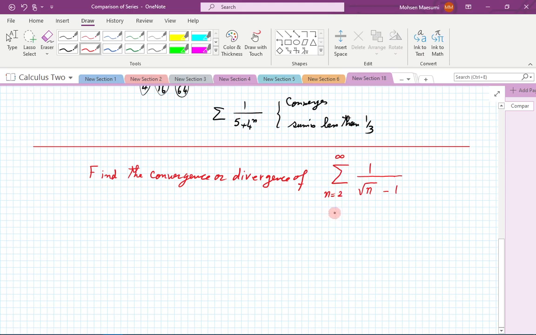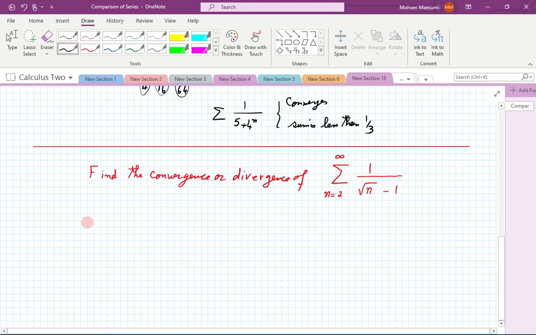Before we go any further, you might be asking why are we starting from 2? Well, because if you put n equal to 1, you're dividing by 0, and that doesn't make sense. So we might always start a series at some arbitrary location, and that does not influence the convergence or divergence. We can always set aside the first few terms for whatever reason we have in mind.